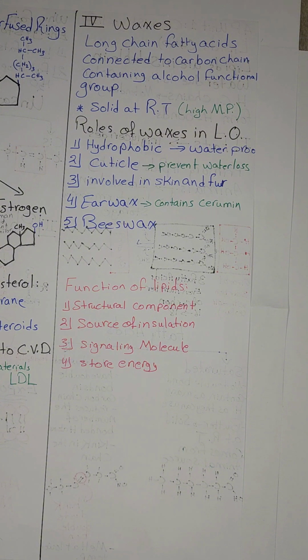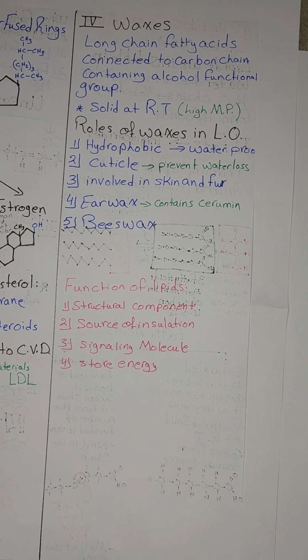function of lipids. So as discussed earlier, the function of lipids could be structural, as we talked about cholesterol, for example, that provides stability for the cell membrane. Phospholipids also are considered to be a structural component to create the phospholipid bilayer, as will be discussed later.